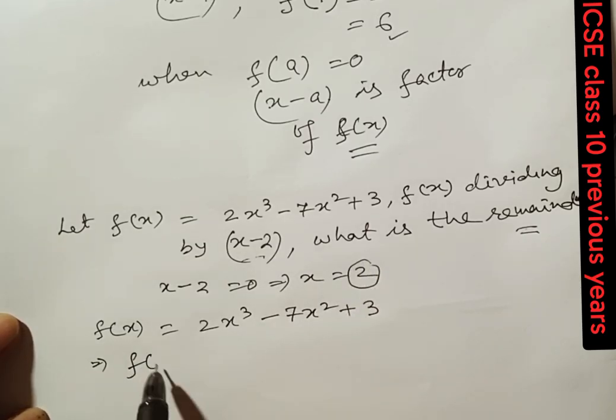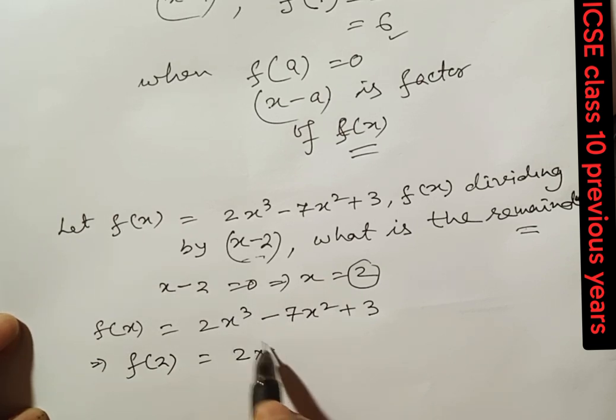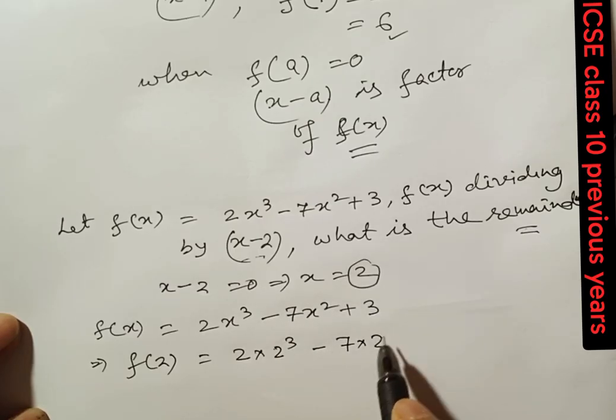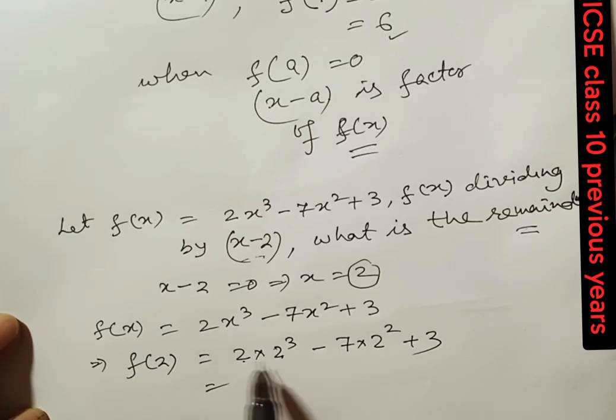We get f(2) equal to 2 multiplied by 2 cube minus 7 multiplied by 2 square plus 3. This is 8, 8 multiplied by 2 is 16, minus 4 multiplied by 7 is 28, plus 3.